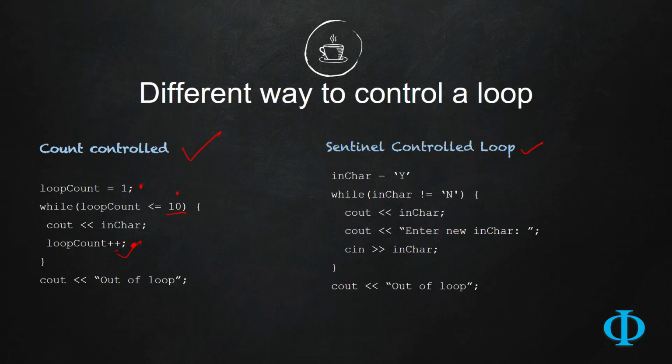In here you can see an example program. So here the loop control variable name is in_char. First of all, I have initialized it with a character called y. Then I am checking the condition, and so the loop will iterate until the value of this loop control variable in_char is not equals n.